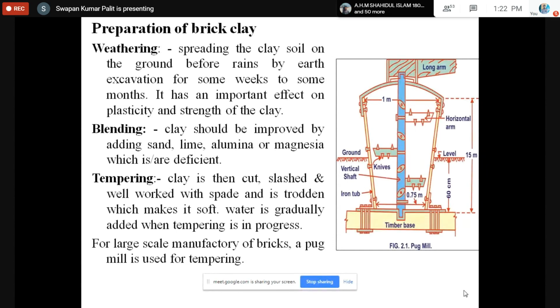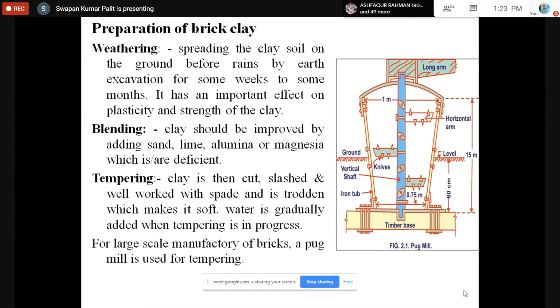And it is trodden. Trodden means with the feet, which makes it soft. Water is gradually added when tempering is in progress. So this can be done for a small quantity, but for large scale you have to use a pug mill.